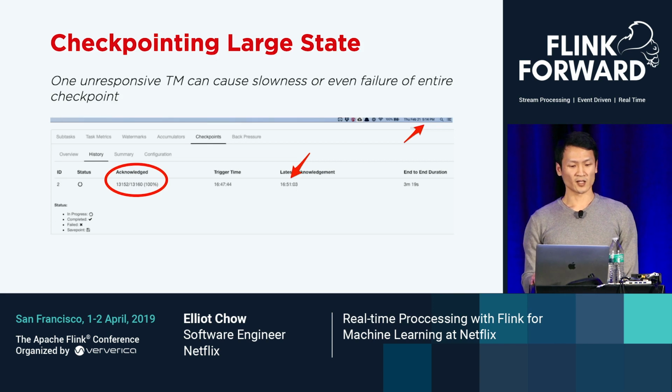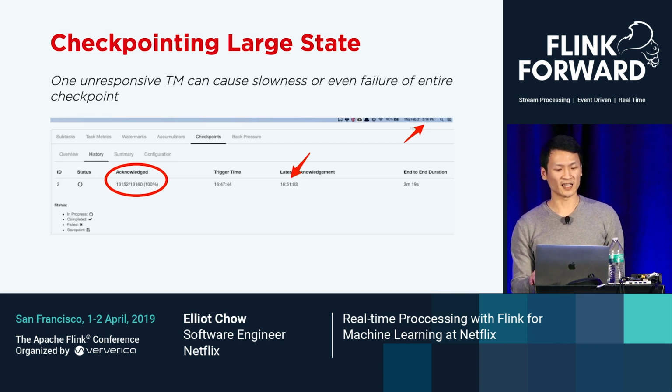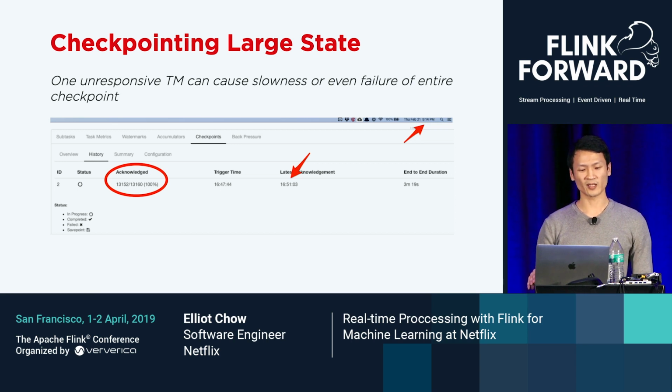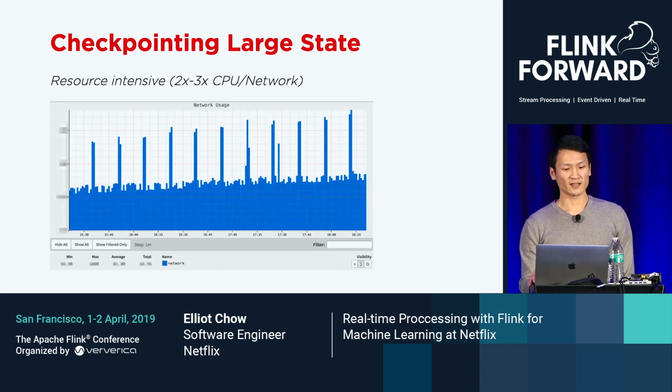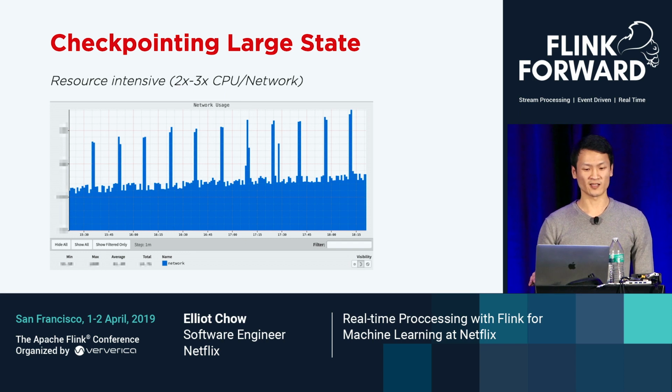One thing we saw was that if we had any one unresponsive task manager during the checkpoint, it can cause it to be very slow or even fail or time out the entire checkpoint. It was also quite resource intensive. We've seen anywhere from 2 to 3x CPU and network that the job was actually using while it's not doing the checkpointing.